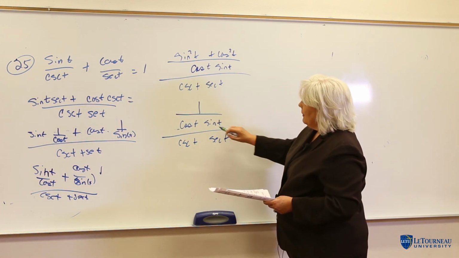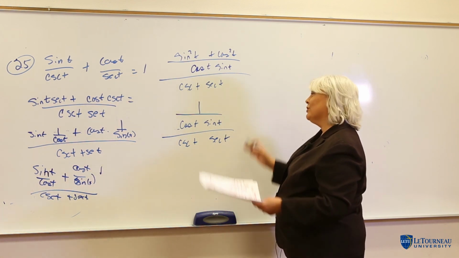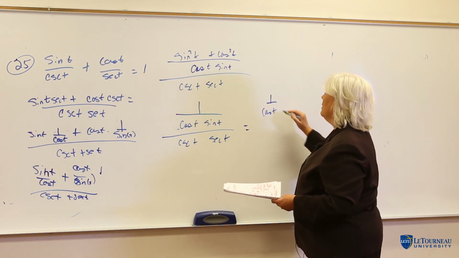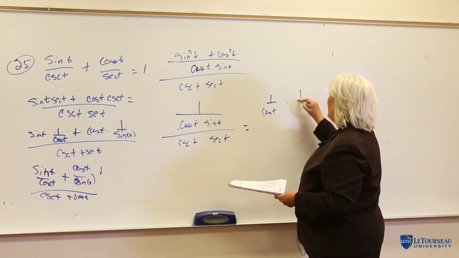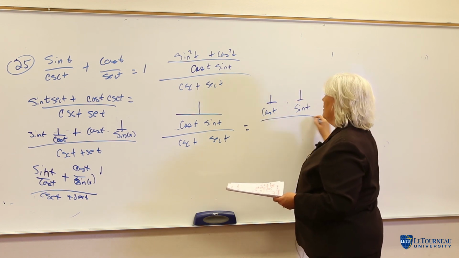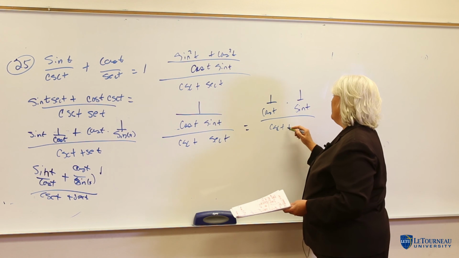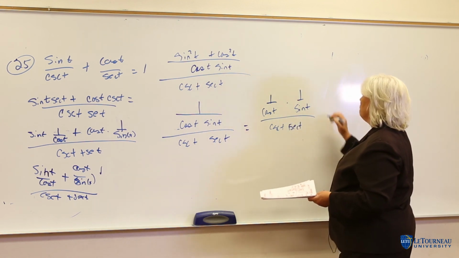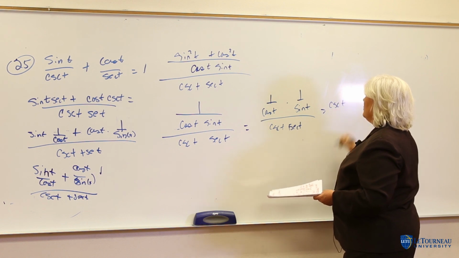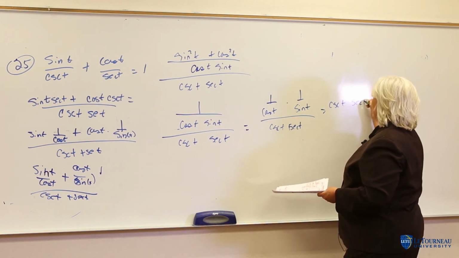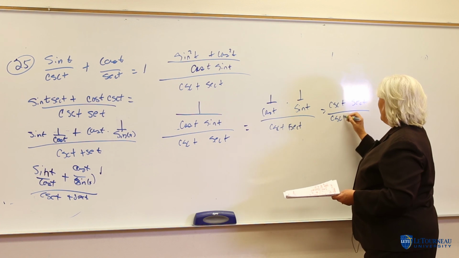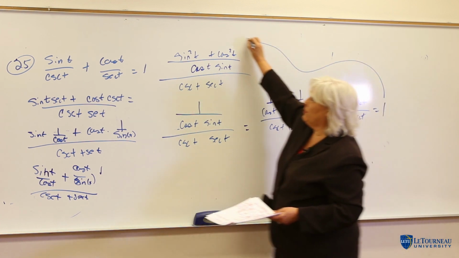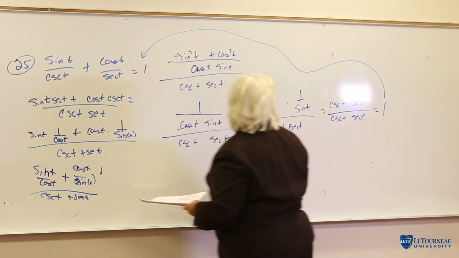There are different ways you can go from here, but I'm going to do this: 1 over cosine t times 1 over sine t, all over cosecant t, secant t. Well, what's 1 over cosine? It's cosecant. What's 1 over sine? It's secant. And when I divide it by that, guess what I'm going to get? I'm going to get 1, which is what I'm supposed to get all the way over here.